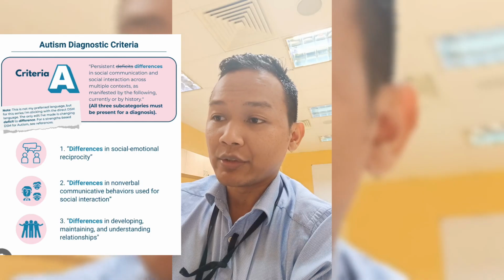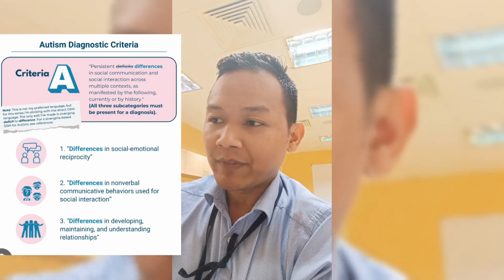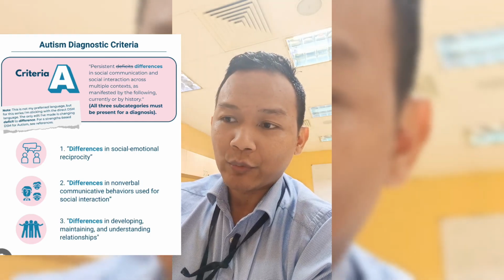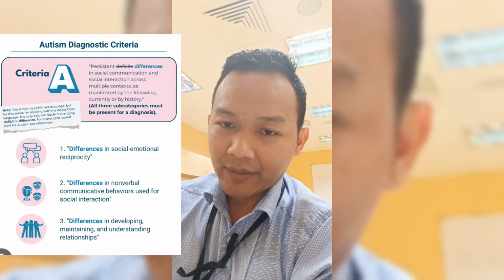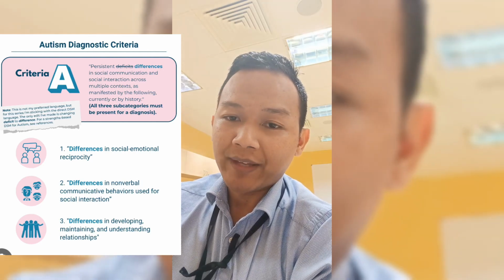If we talk about autism based on the DSM-5 criteria, there are two main domains that are affected in a patient with autism. The first domain is social communication and interaction, and the second domain is restrictive and repetitive patterns of behavior.